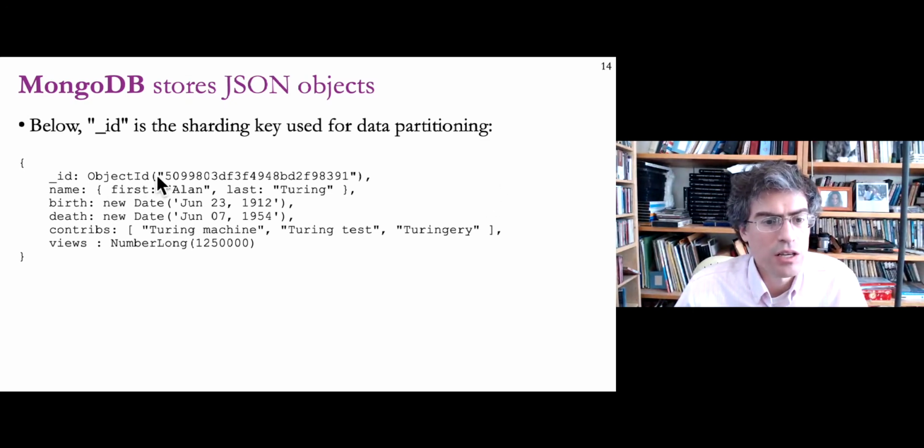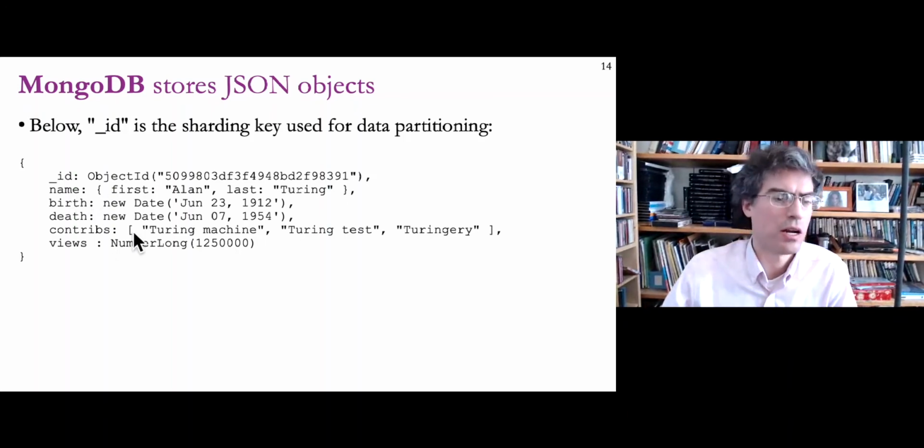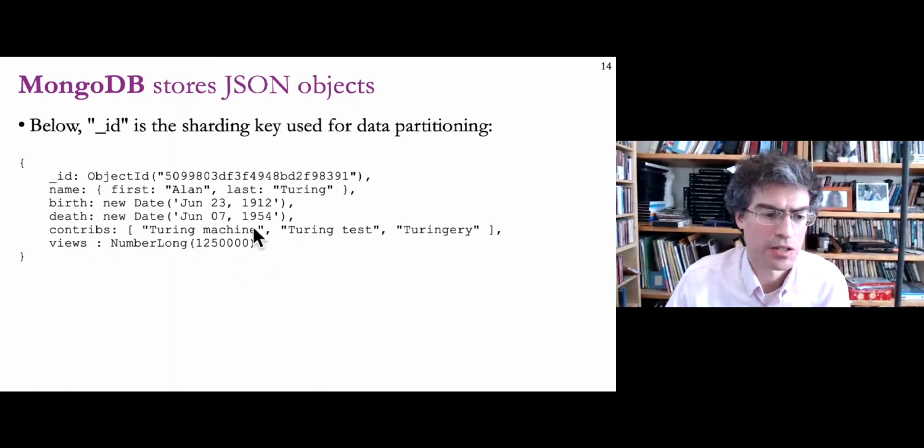The sharding key is a special key called _ID, which determines which node it goes to. That's like the hash partitioning key. And then you can have whatever else you want in the object that stores the data.